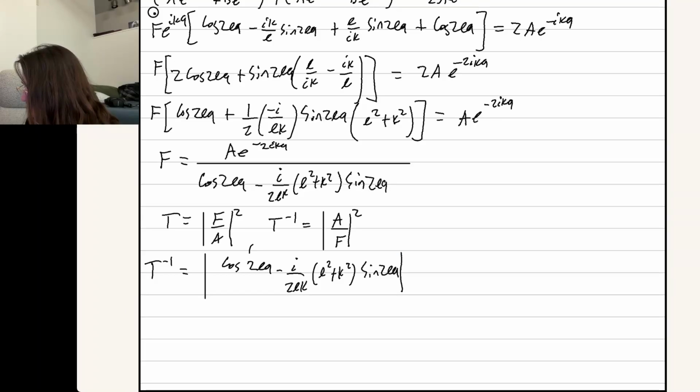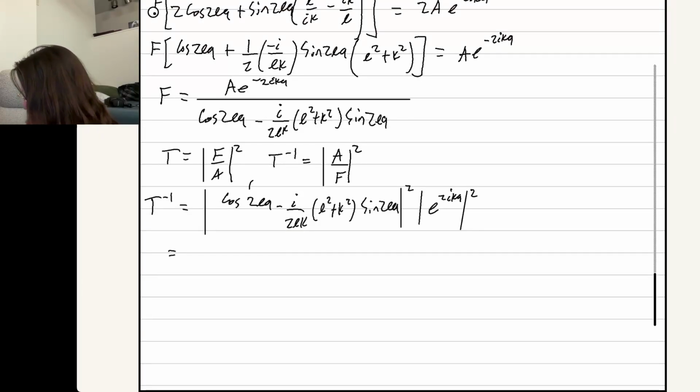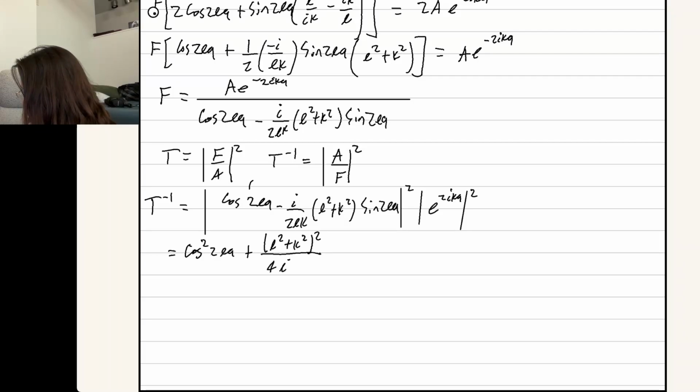It's going to be the mod squared of that and also times the mod squared of e to the 2ika, but the mod squared of that is 1, so that's lovely. We'll just do the mod squared then. We're going to have a cosine squared 2la. The cross terms will get canceled out, so we'll have l squared plus k squared all squared over 4l squared k squared times sine squared 2la.